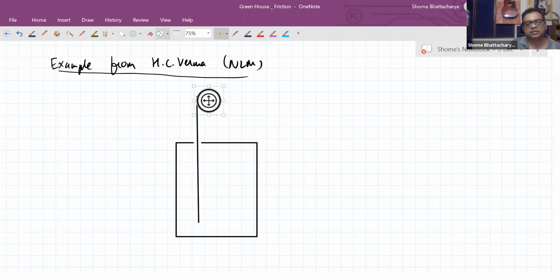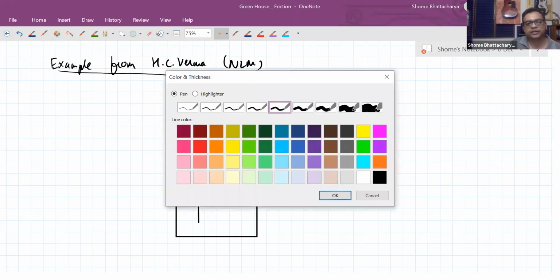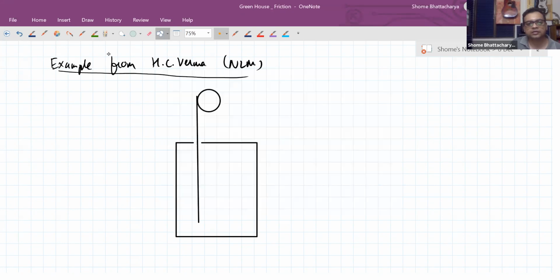And the other side of the rope is also connected to the elevator itself. Okay. So this is fixed here, whereas the pulley is fixed to a ceiling here.